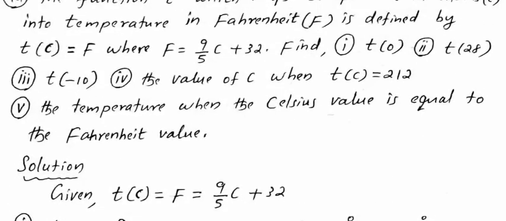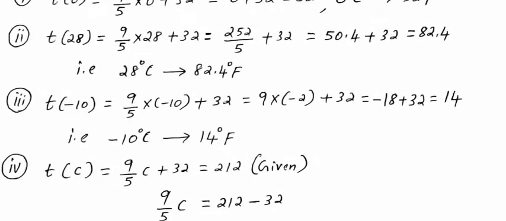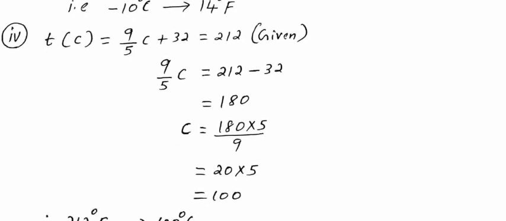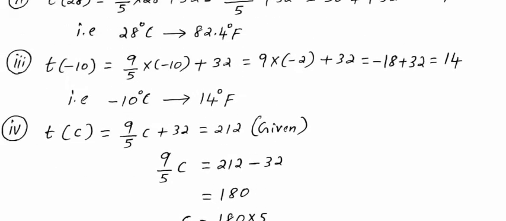Then the fourth one. Find the value of C when T of C is 212. T of C, which means F, is given. Both are the same, that means Fahrenheit is given and we must find Celsius.